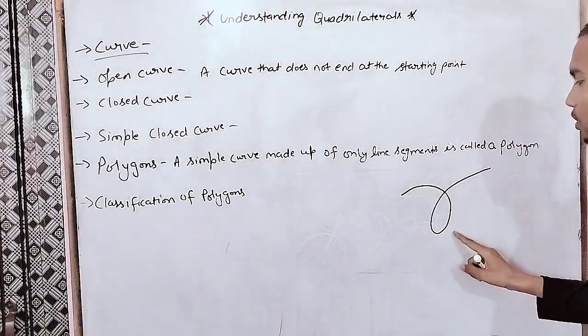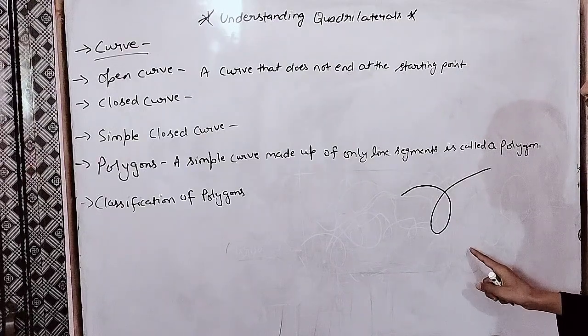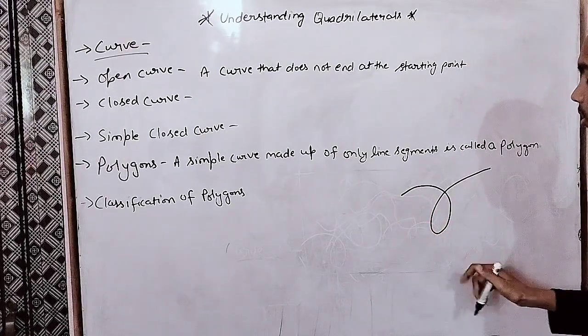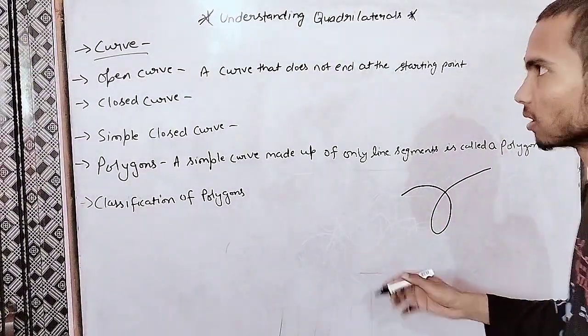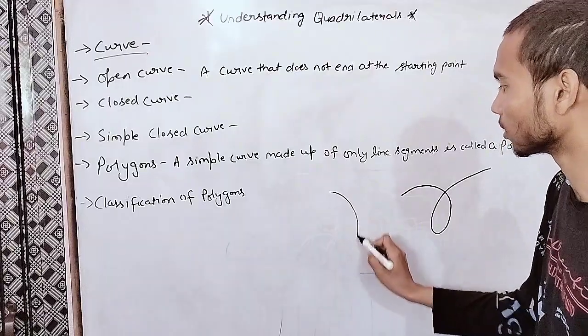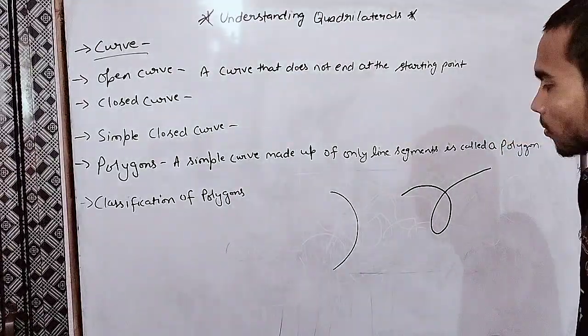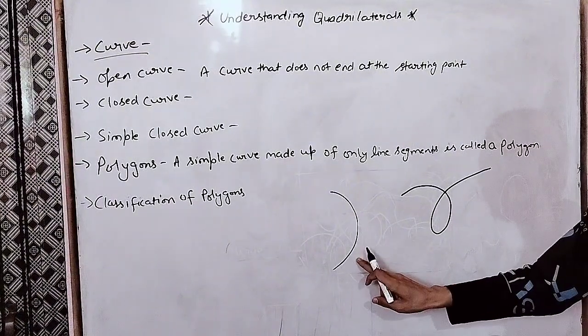Now can we say this is open? This is an open curve, of course. But this is a complicated open curve, and you can draw a simple open curve like that.